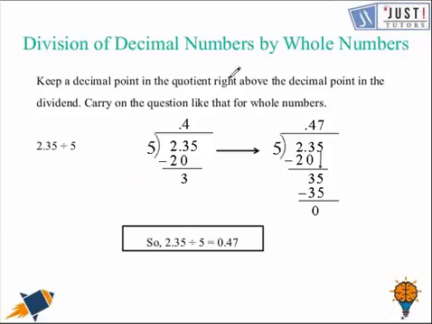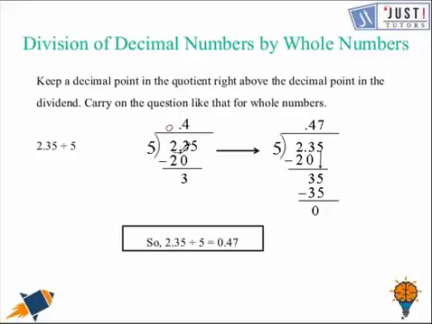Now let's come to this slide. We'll try to divide decimal numbers by whole numbers. We just need to remember that we need to keep a decimal point in the quotient right above the decimal point in the dividend. And then we can carry on the question like that for whole numbers. So 5 does not go into 2 at all.